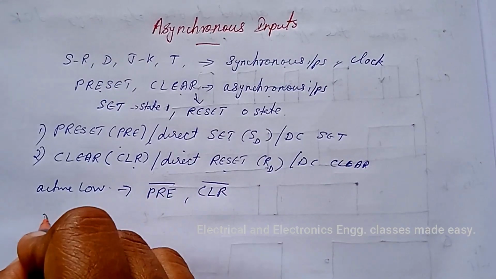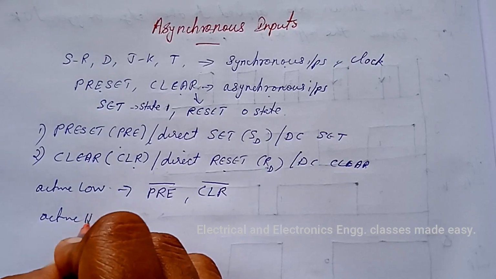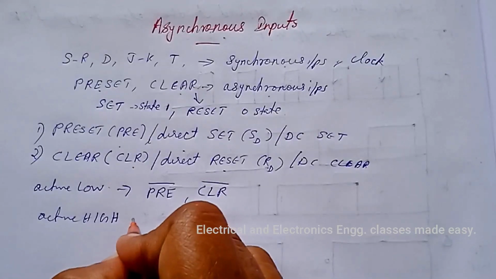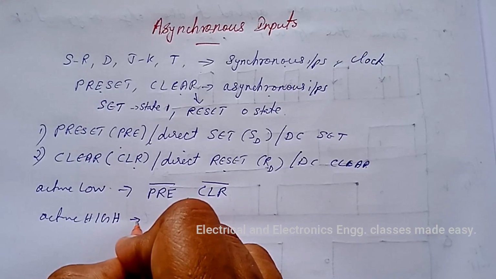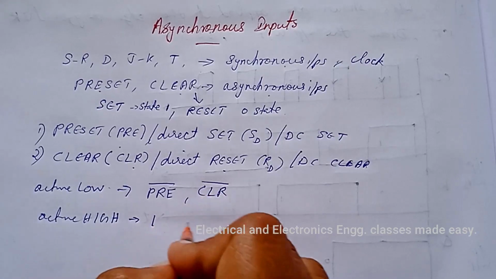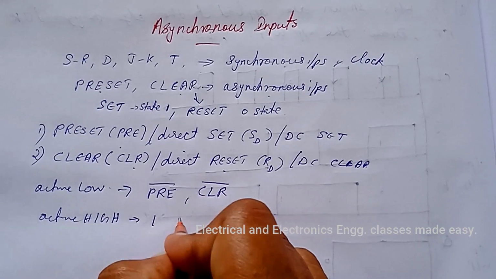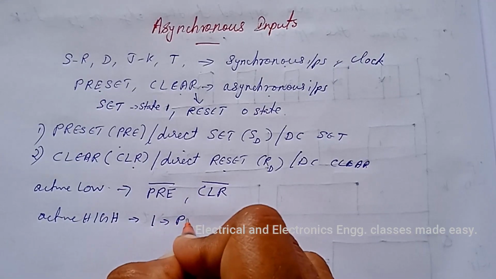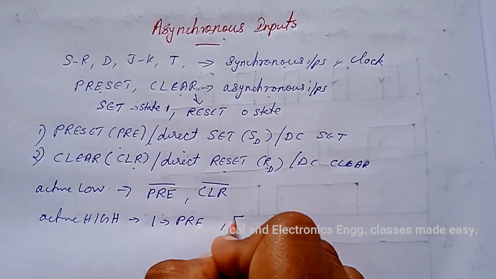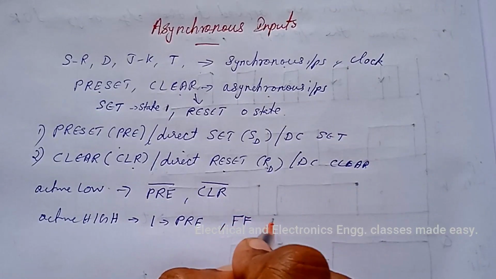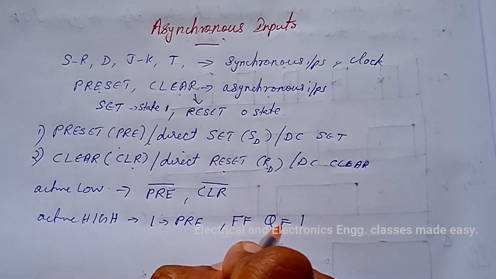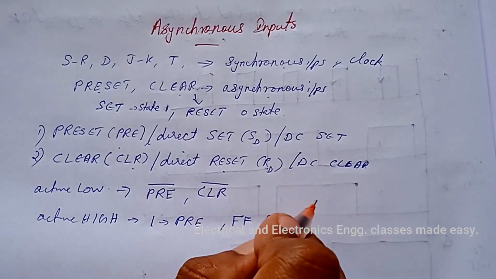So in the case of active high inputs, if a constant 1 is held on the preset input, then the flip-flop will remain in the Q equal to 1 state regardless of what is occurring at the other inputs.